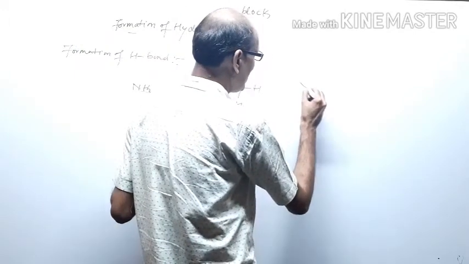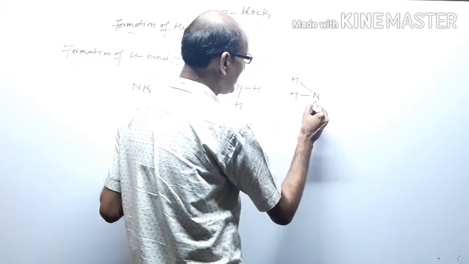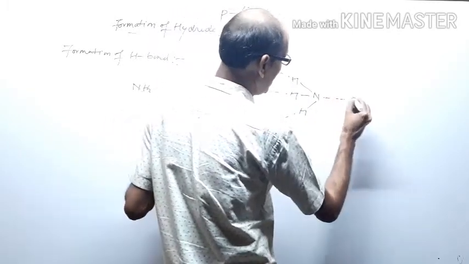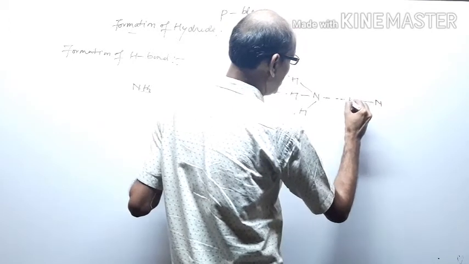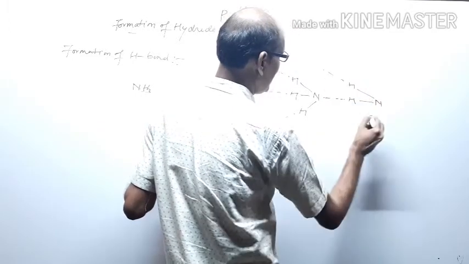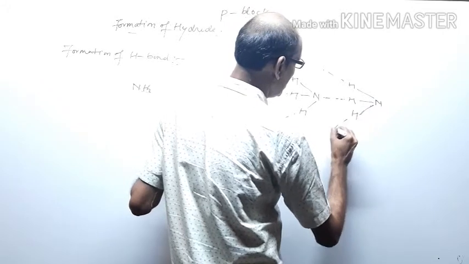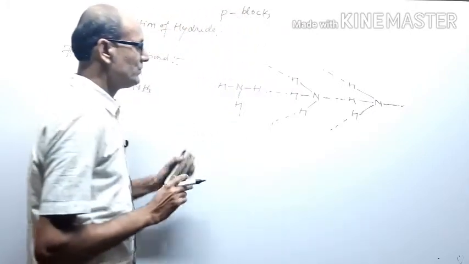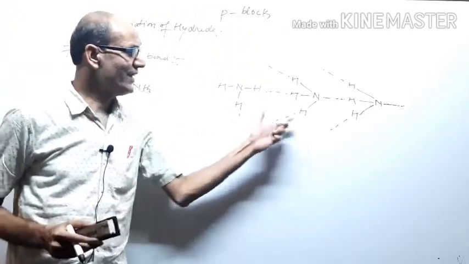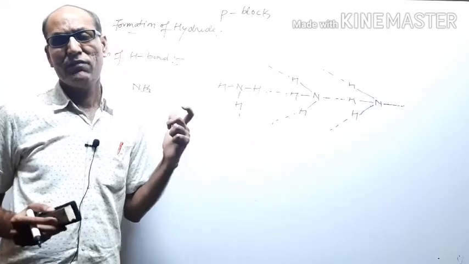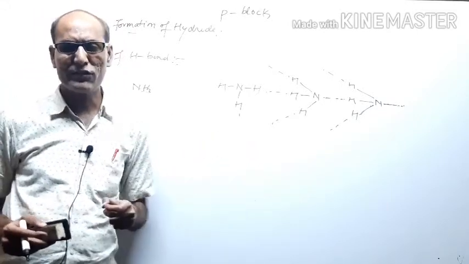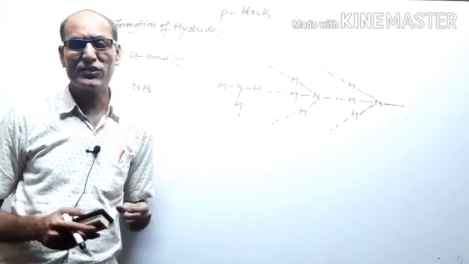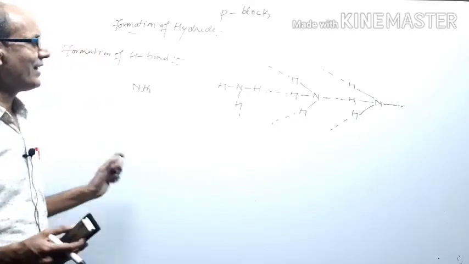One ammonia molecule can form 4 hydrogen bonds like this. Okay, students, getting my point? But phosphine does not form hydrogen bonds because the size of phosphorus is larger and the electronegativity of phosphorus is also less.